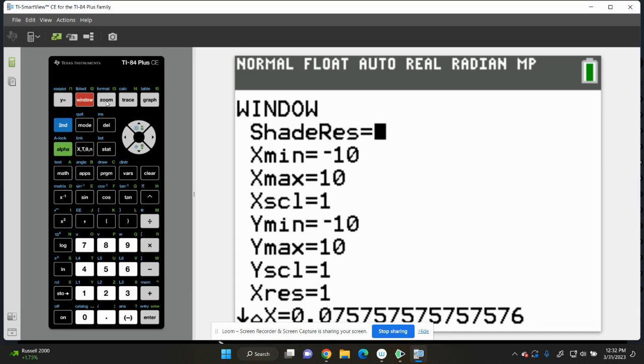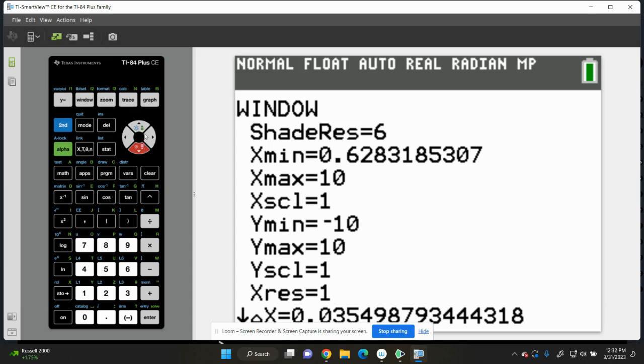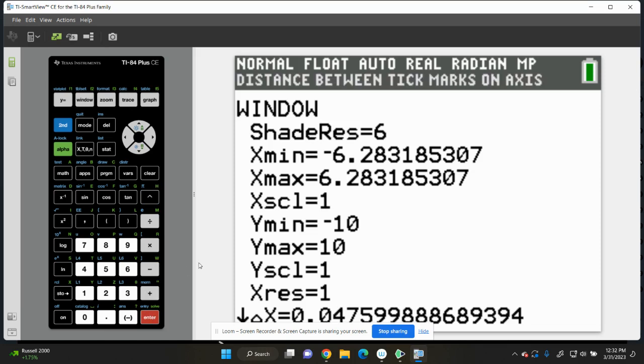This is just a tangent function, so we're going to graph this from negative 2 pi to positive 2 pi. When you press enter, it changes it to decimal. All right, we're going to go by increments of pi over 2.